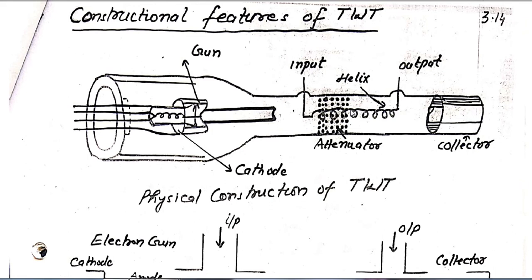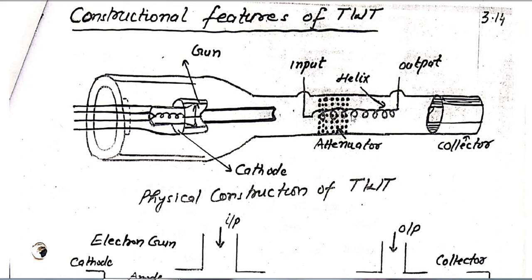The axial electric field due to the RF signal travels with the velocity of light multiplied by the ratio of helix pitch to helix circumference.